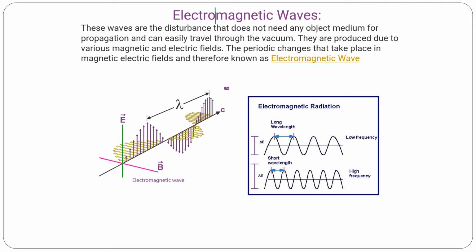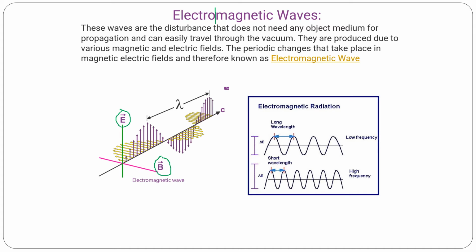Here we can see an electric field in the y-axis and a magnetic field, and the resultant energy moving is denoted by C. These waves are a disturbance that does not need any medium for propagation and can easily travel through a vacuum.